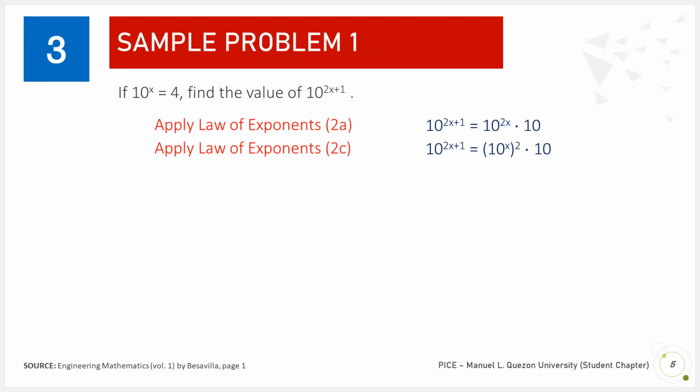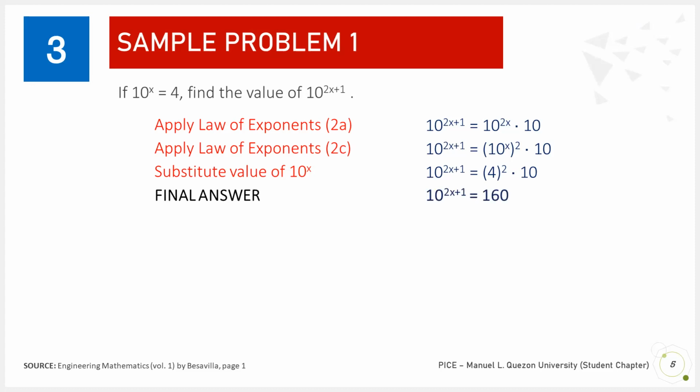And then, meron tayong value ng 10 raised to x. So the numerical value for 10 raised to x is equal to 4. So we simply substitute the value of 10 raised to x and we have 10 raised to the quantity 2x plus 1 is equal to 4 raised to 2 multiplied by 10. Simplifying this, we have our final answer: 10 raised to the quantity 2x plus 1 is equal to 160.